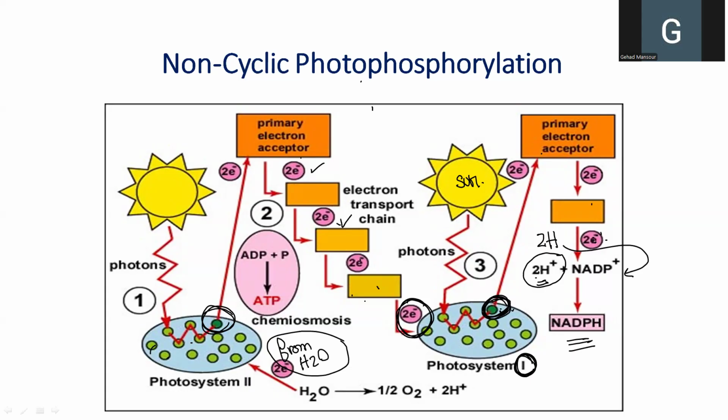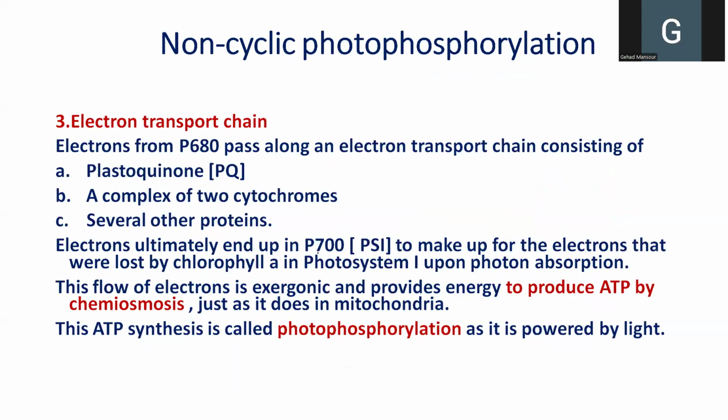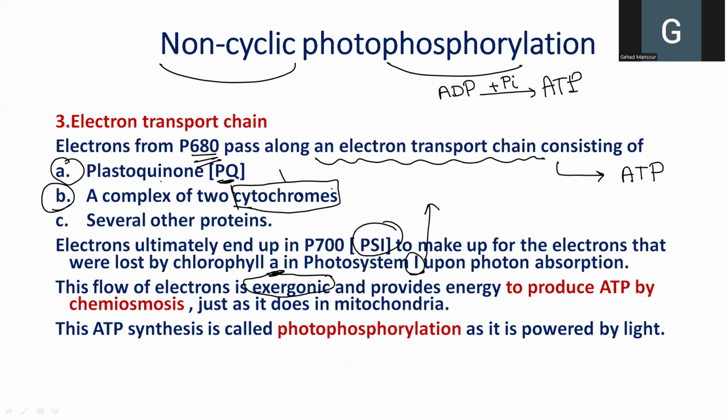And the cumulative effect of this released energy enables the chloroplast to add phosphate to ADP to form ATP in an endergonic reaction. So we can say that the flow of electrons is exergonic. Every time an electron moves from one electron carrier to another, it releases energy, and this energy will be utilized to produce ATP.